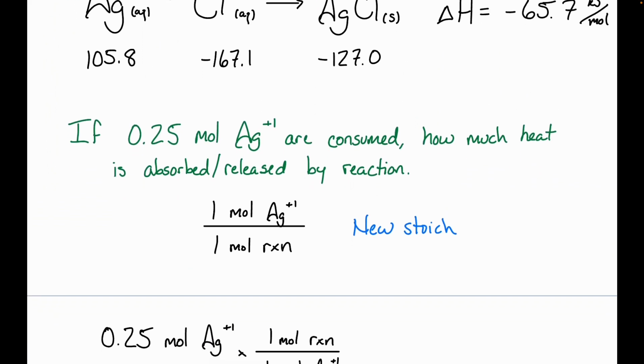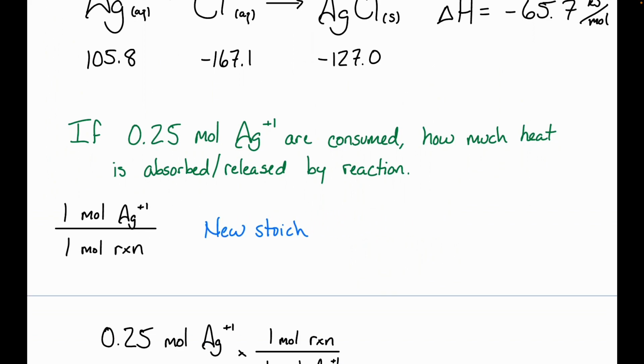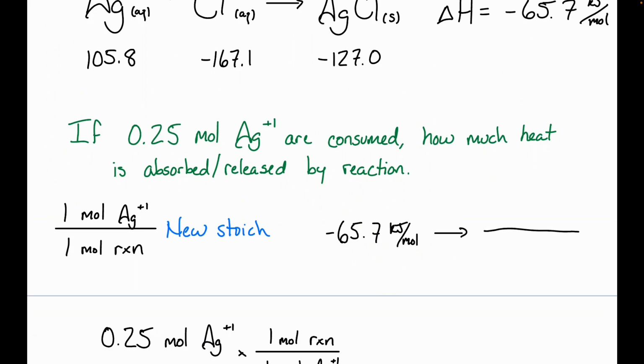This enthalpy value, the other thing we learned how to do is to take that negative 65.7 kilojoules per mole, and similar to what we did for our molar masses, in order to use it in our math, we're going to split those units up. This becomes negative 65.7 kilojoules in 1 mole of our reaction.